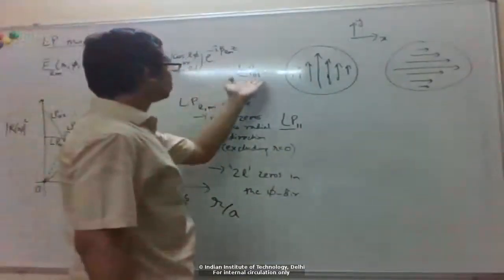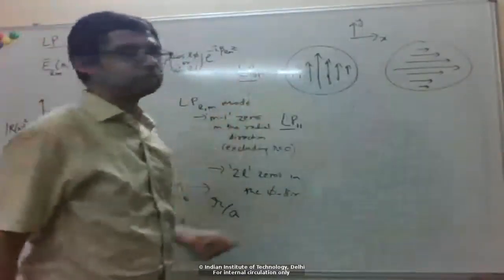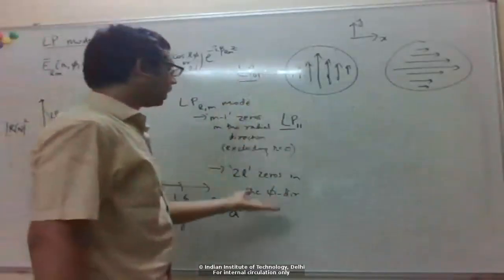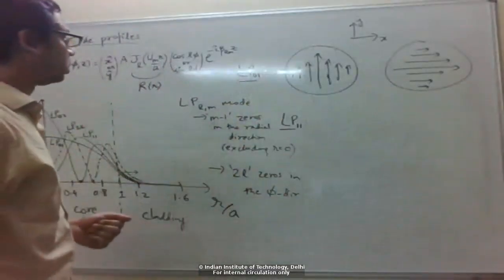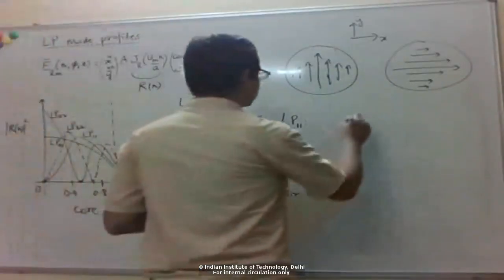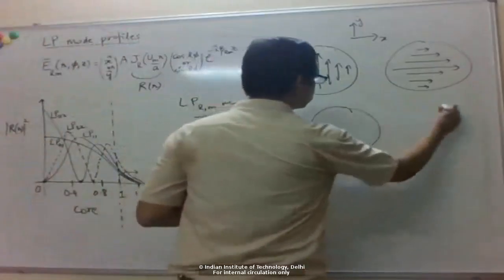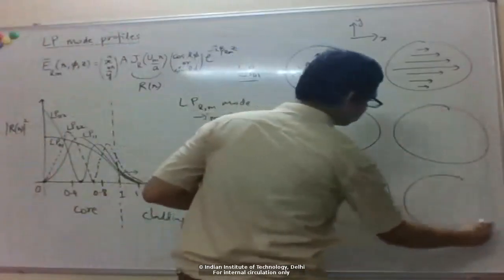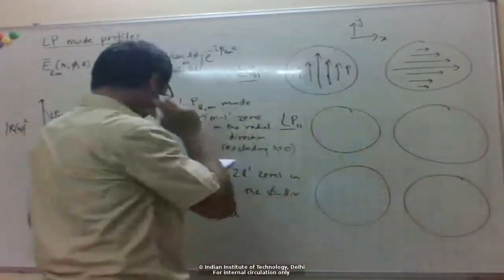For L equal to 0, LP0M modes have twofold degeneracy, but for all L greater than or equal to 1, they have fourfold degeneracy. So we'll have four possible mode profiles here.